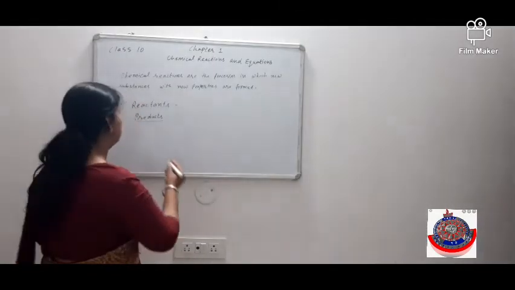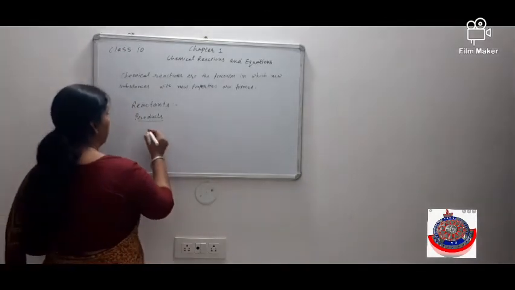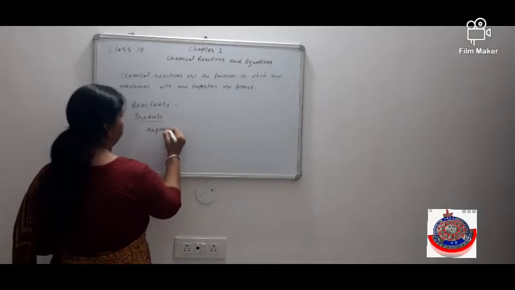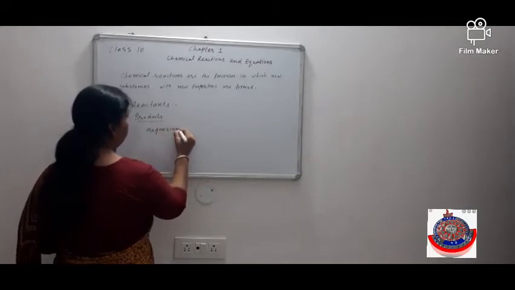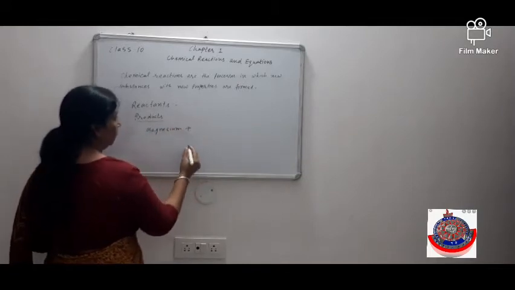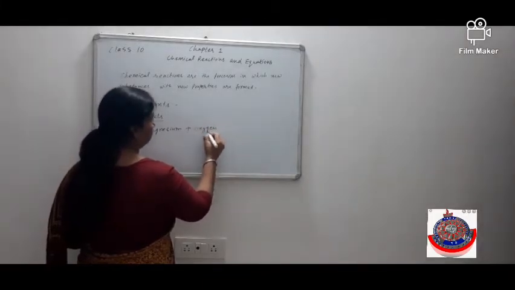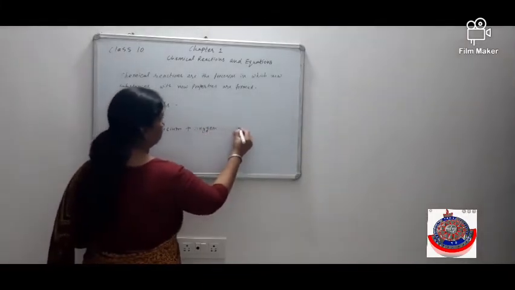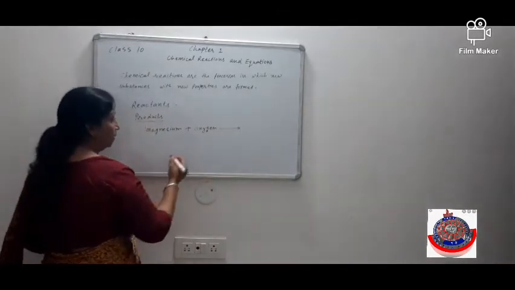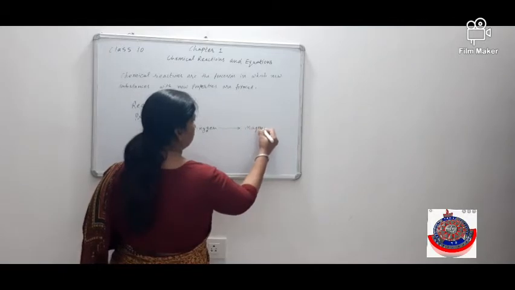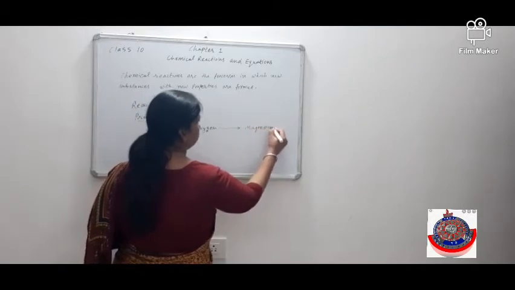Let's take one example: magnesium and oxygen. They combine together and they form magnesium oxide.